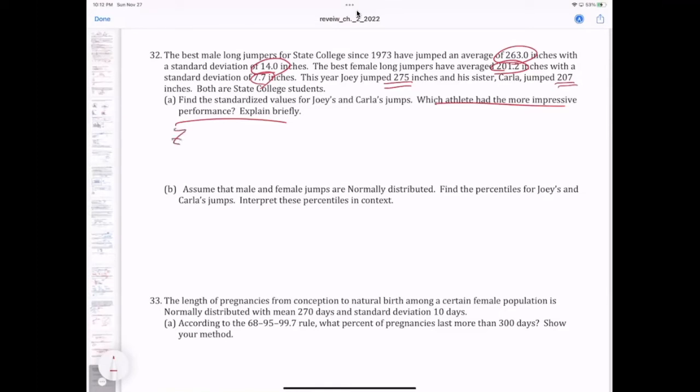So the z-score for, let's say, Joey: we have x minus the mean over the standard deviation. Joey has 275, with the mean and the standard deviation of 14. So that should give us 12 over 14 here. Just doing the quick math, that should be 0.85714, if I did not make any mistakes. Okay, yeah, that's the male one.